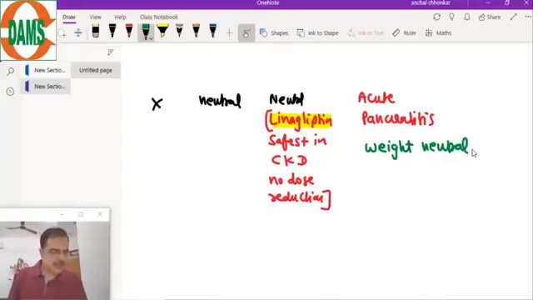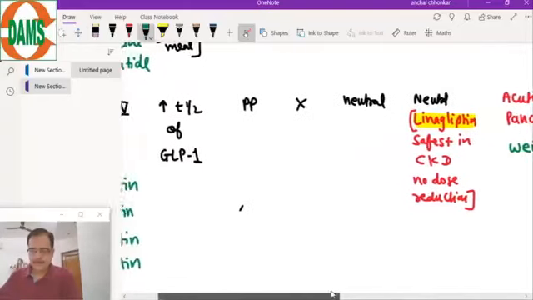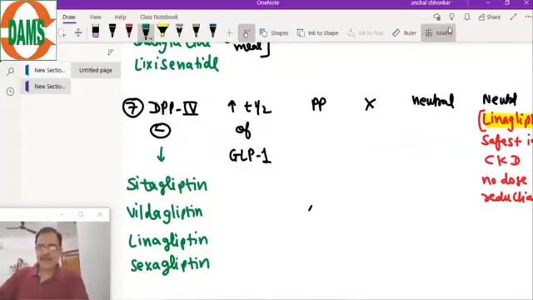They have a lower potency than the GLP-1 agonists. So they number 8 agents.